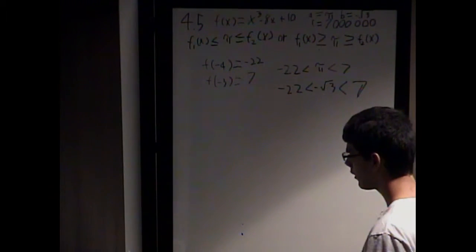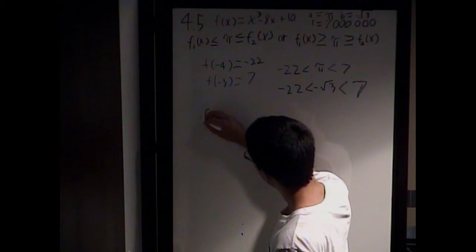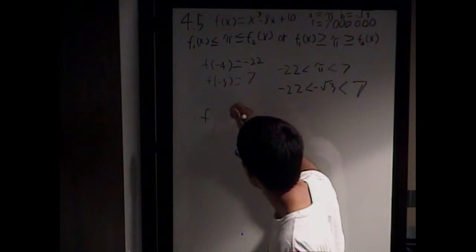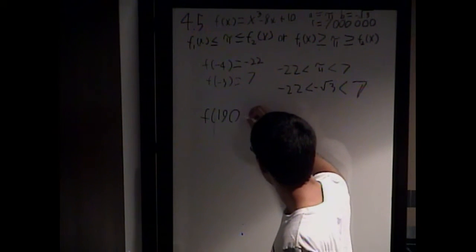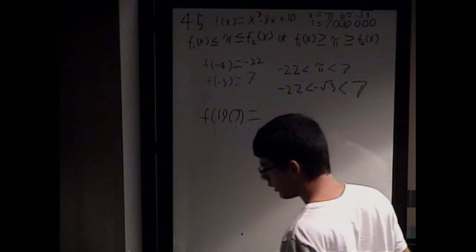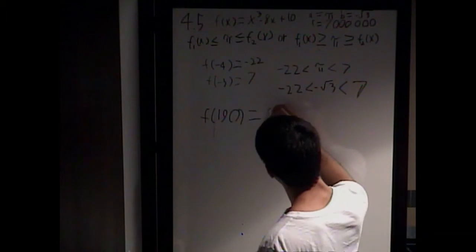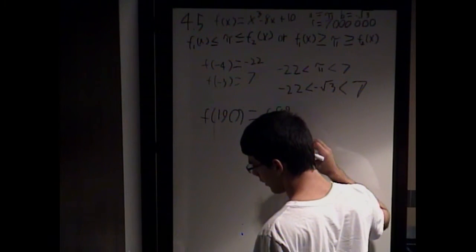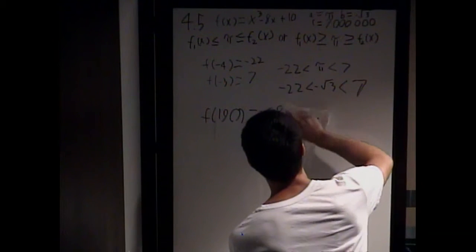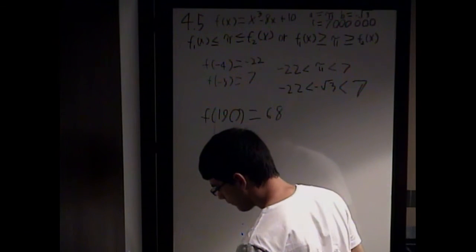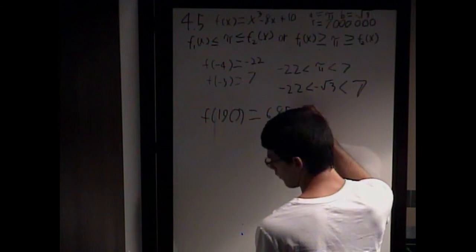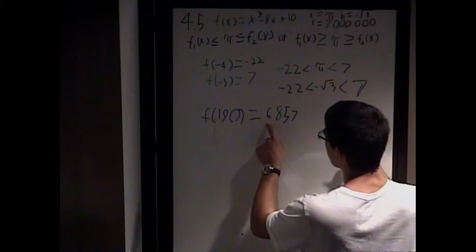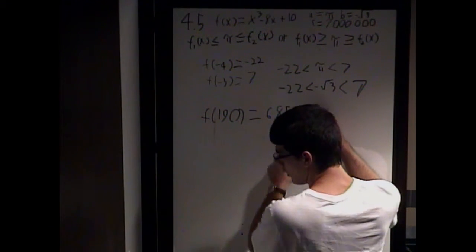Now, let's try to do f of 190. F of 190 equals 6,857,490.